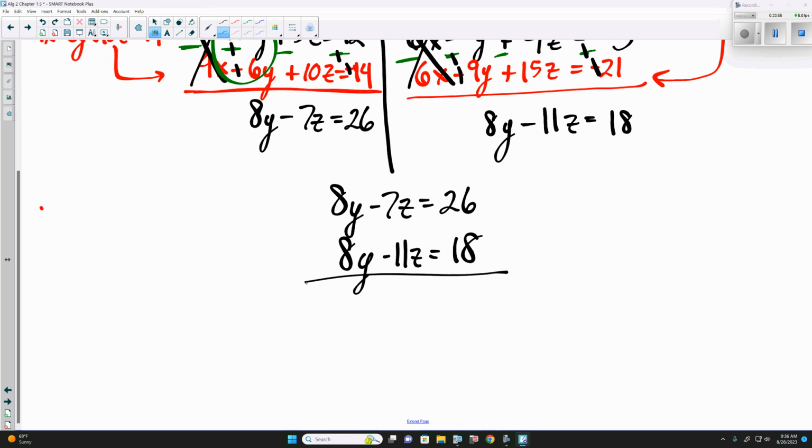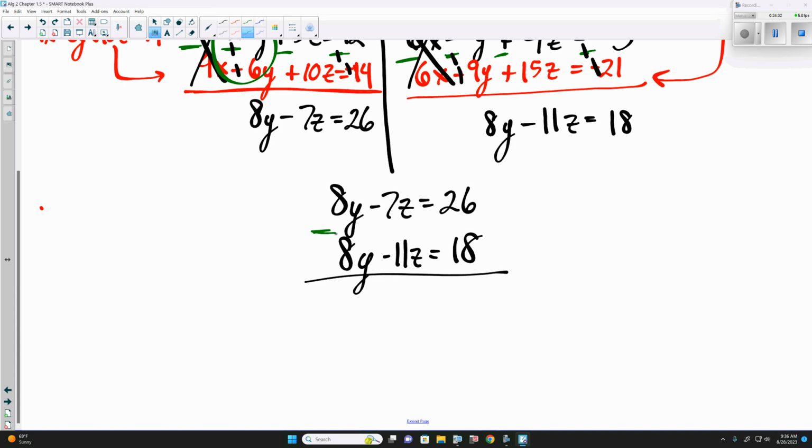So what we're doing now is eliminating y. So we chose y to eliminate because the value or the number in front of both y's was 8. We don't have to do anything to it. So we eliminated x first. Now we're eliminating y. Okay. Questions? So, will we need to add the 2 together or subtract them?